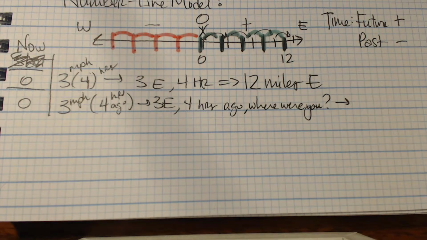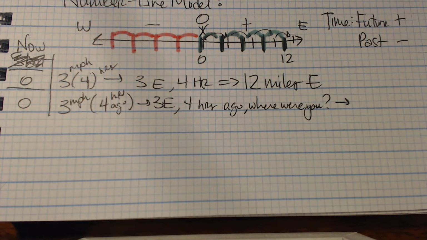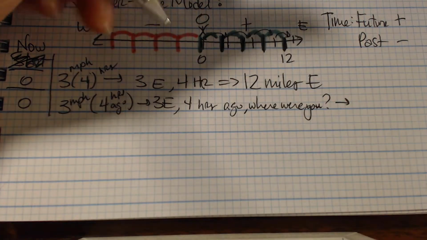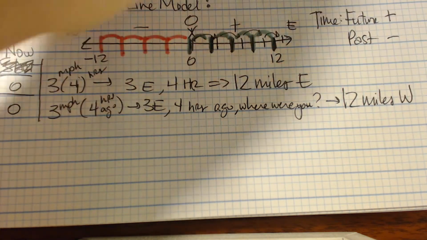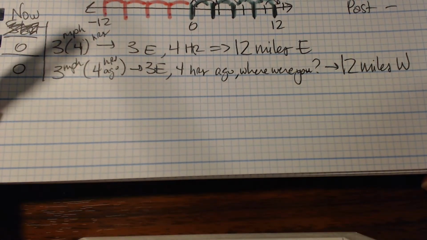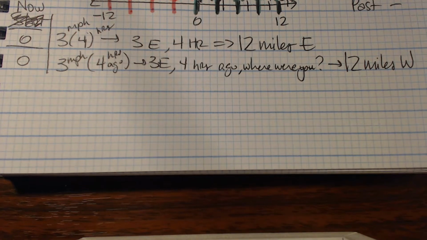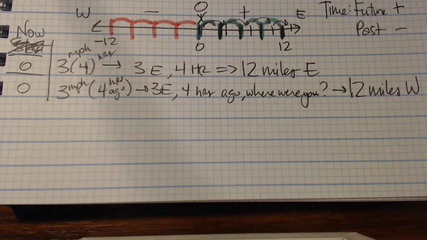And I was accurate this time, so that way it's very clear. So that means that 4 hours ago you were at negative 12, or you were 12 miles west. And this is just another way to show this idea. So I wanted to give you guys the number line model as well.